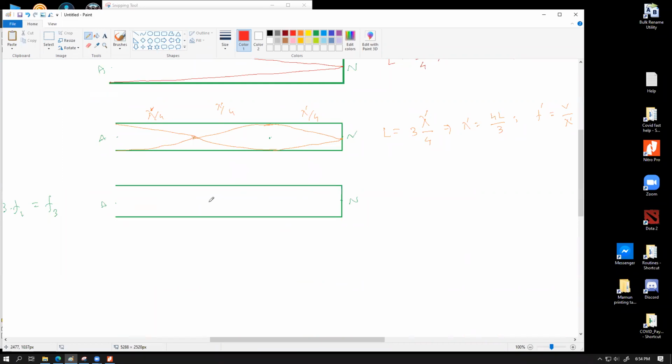I'm going to try to divide this into 5 parts in the best way that I can. This is just by estimation. You can use a ruler, be my guest. For each of these segments, from here to here, here to here, I'm going to draw a half loop. Starting from the antinode, this is one half loop, lambda by 4, another one, another one.